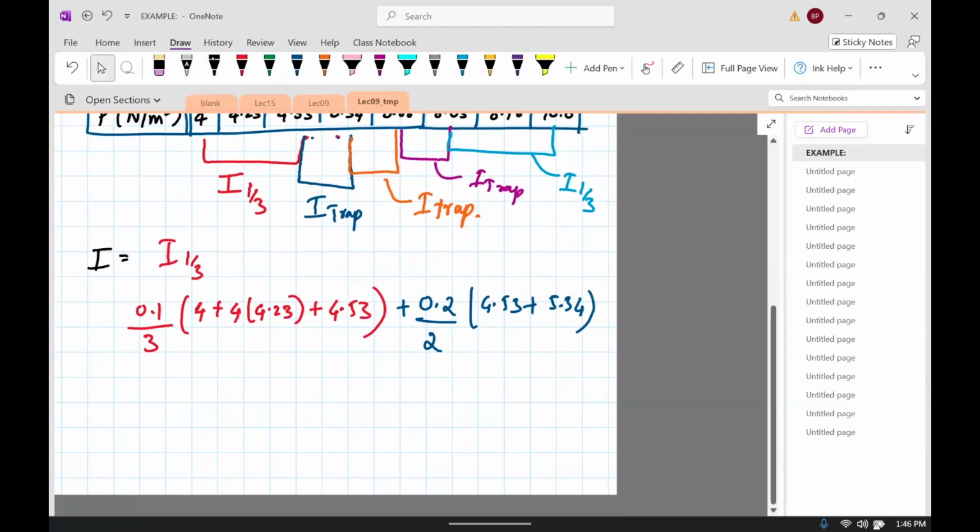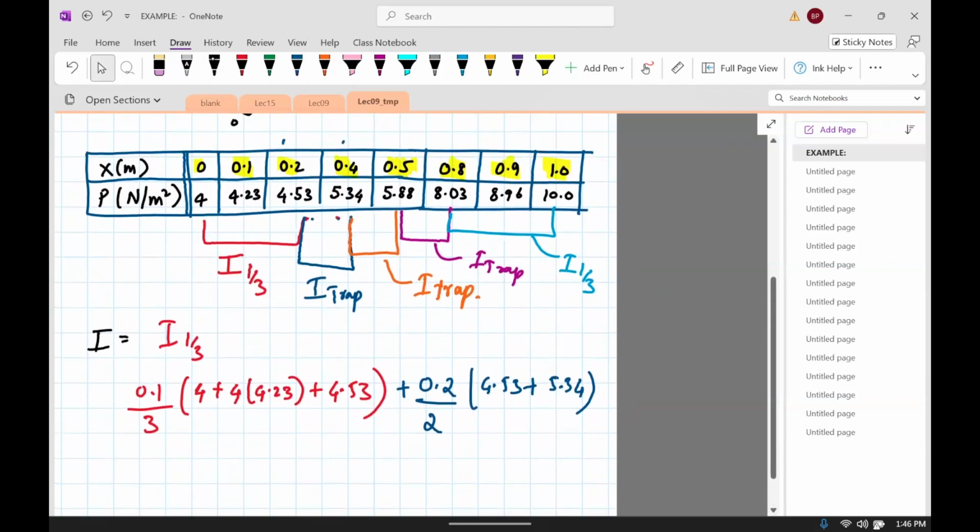Question: Why the 1/3 rule for one section, but then the trapezoidal for the other sections? Because we have 3 points, 0, 0.1, 0.2 here, and the grid size is uniform, it's 0.1.